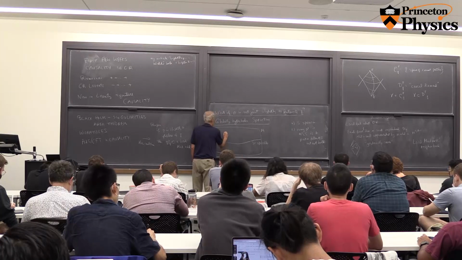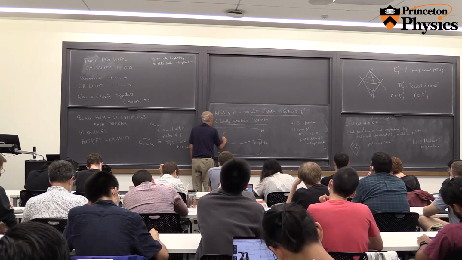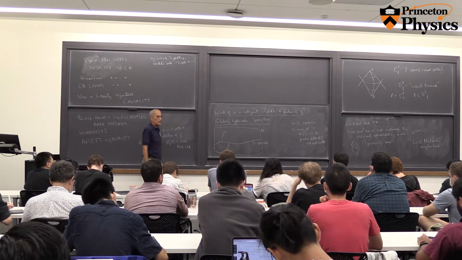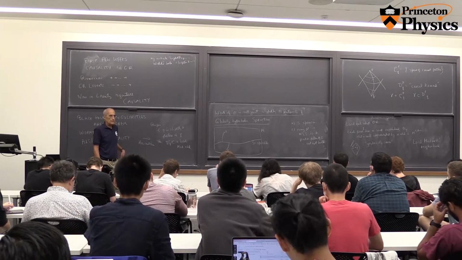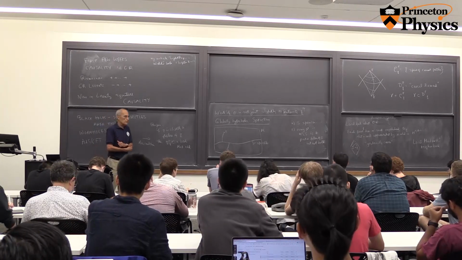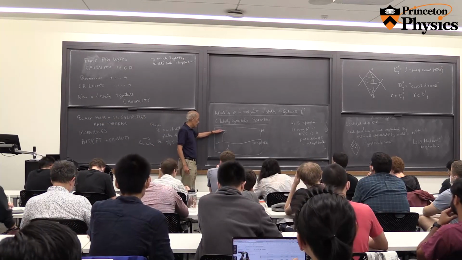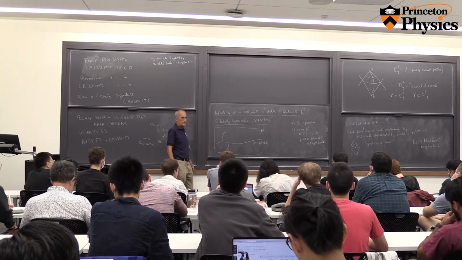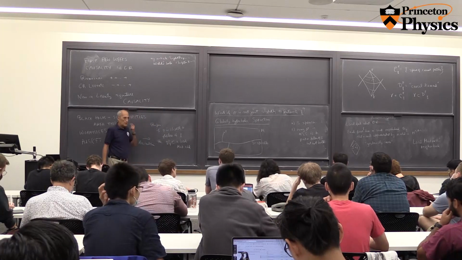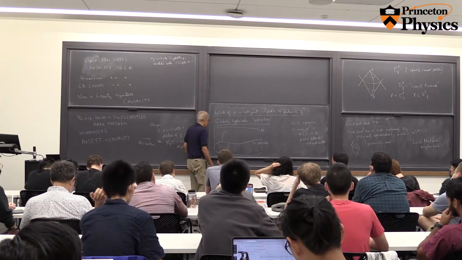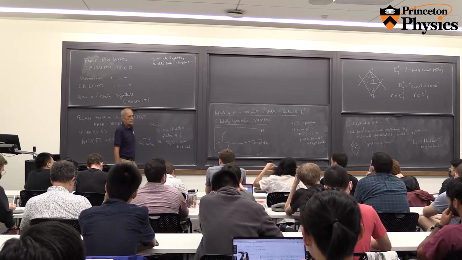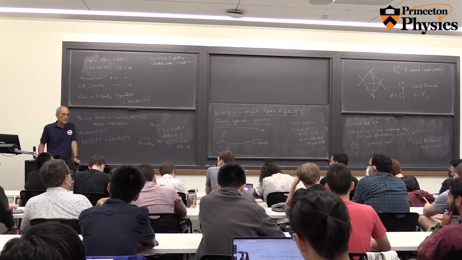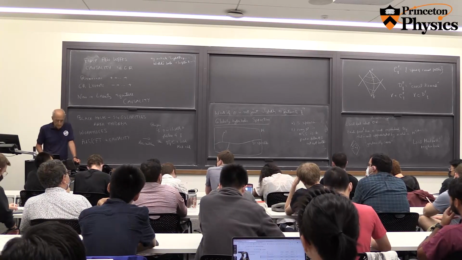So that means every point in space-time can be reached from S by a causal curve of some kind. And that will either be a future-going causal curve from S to P, or a future-going causal curve from the point to S. But not both. The condition that no point is both to the past and to the future of S is similar to saying that there are no closed time-like curves.